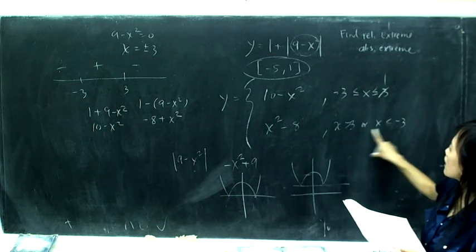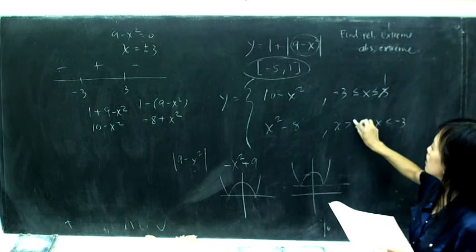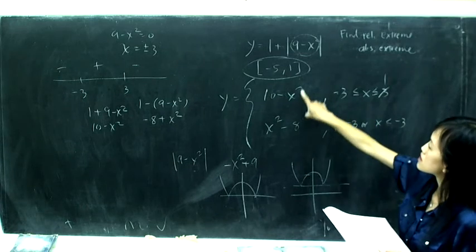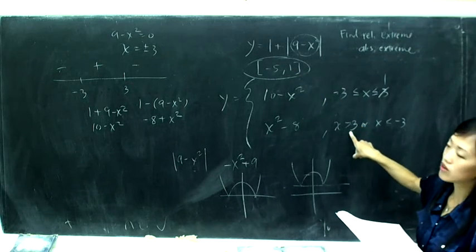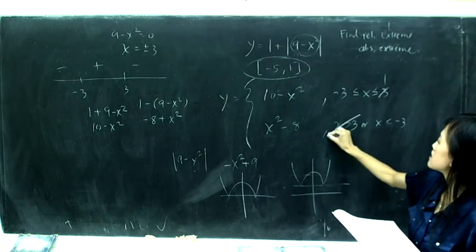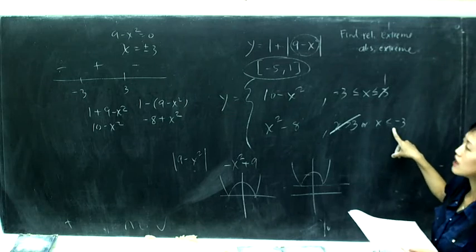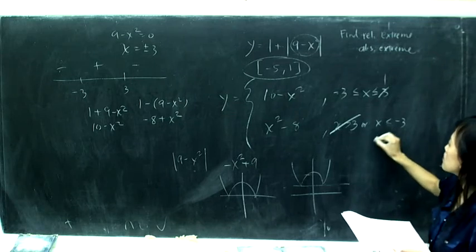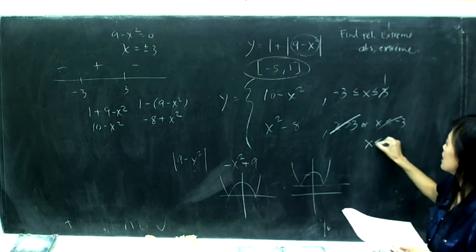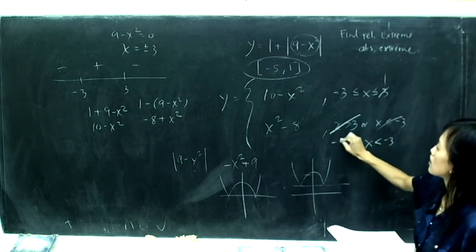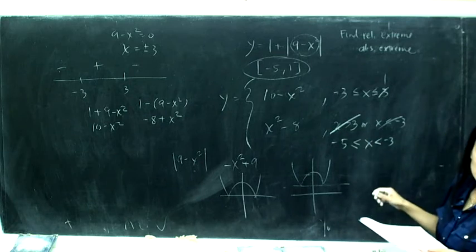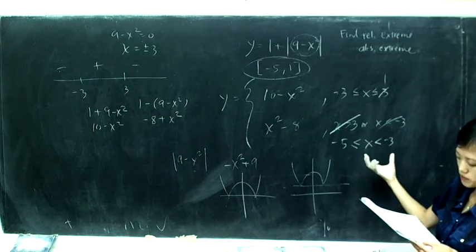Over here, I can't go up to 3, because they told you to only check between negative 5 and 1. I can't go greater than 3, so that's out. For x less than negative 3, I keep x less than negative 3, but restrict it to be greater than or equal to negative 5. Does that make sense? You're only checking between negative 5 and 1.